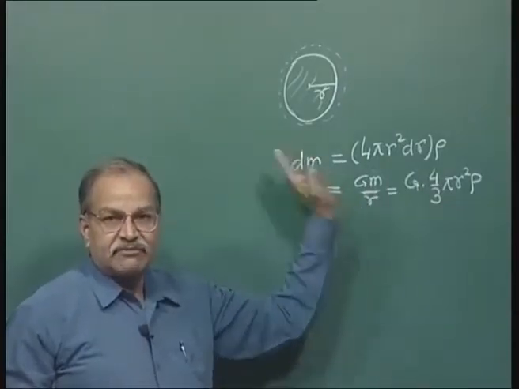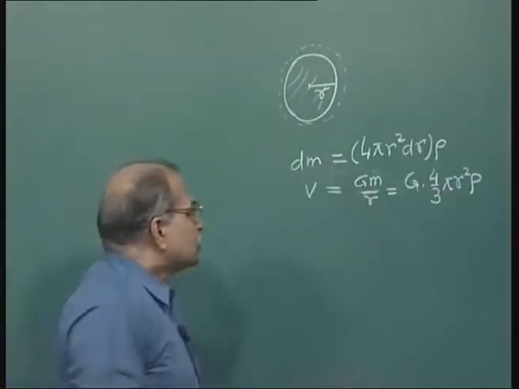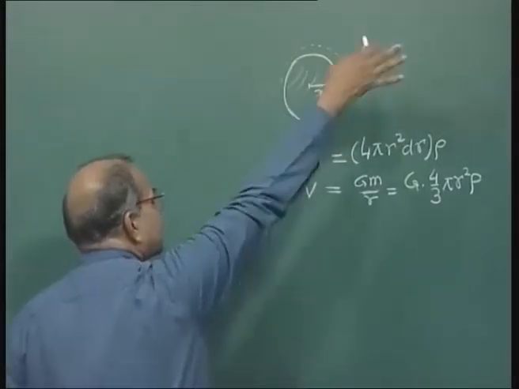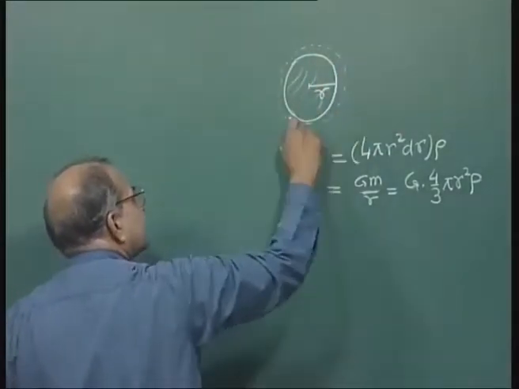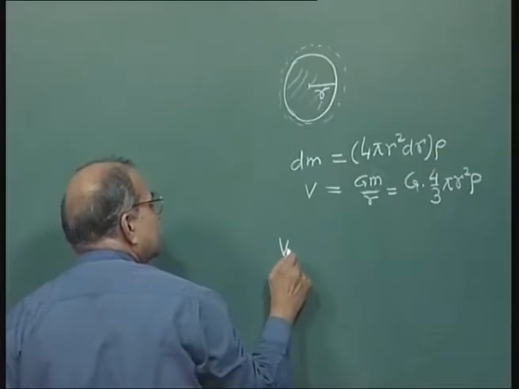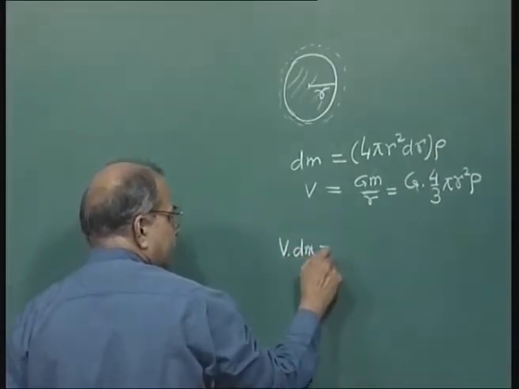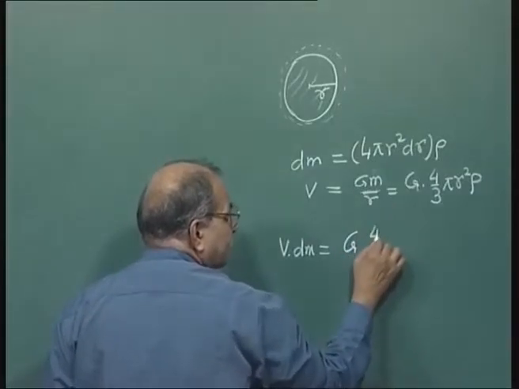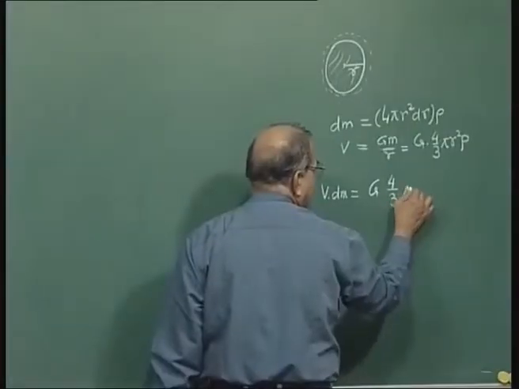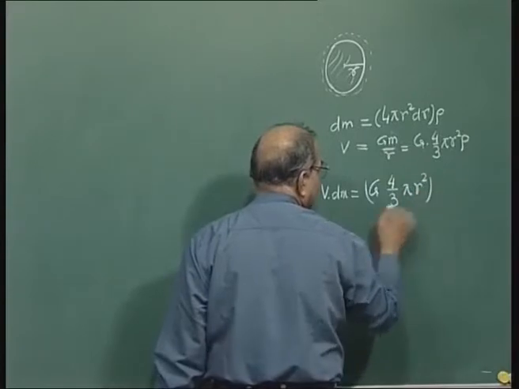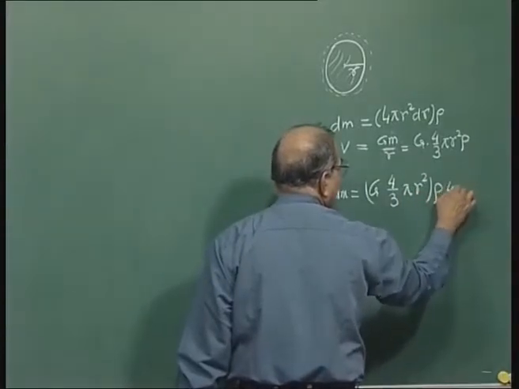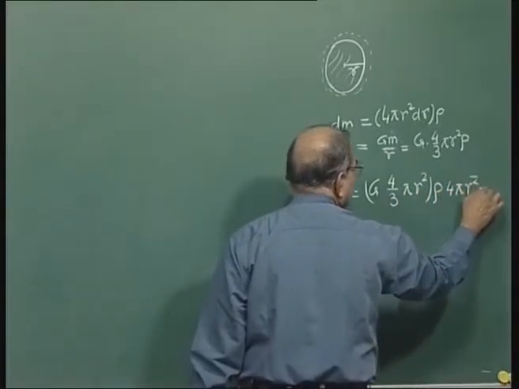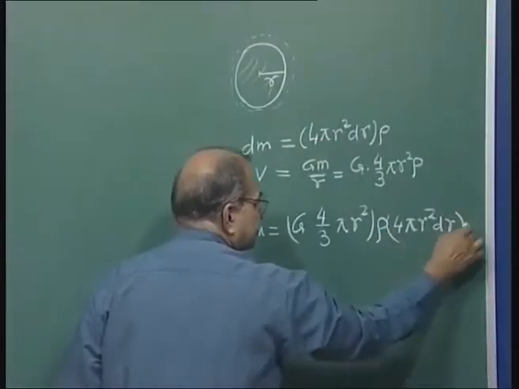The negative sign we will take care of. So, the work done in bringing this layer from infinity to here will be this potential times this mass, which will be G 4 by 3 pi r square rho times 4 pi r square dr times rho.